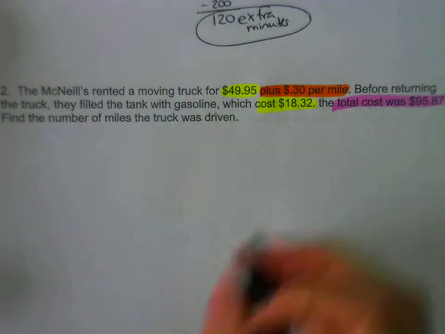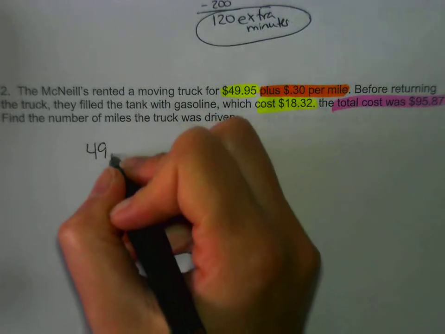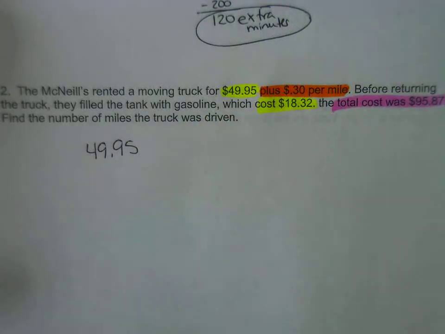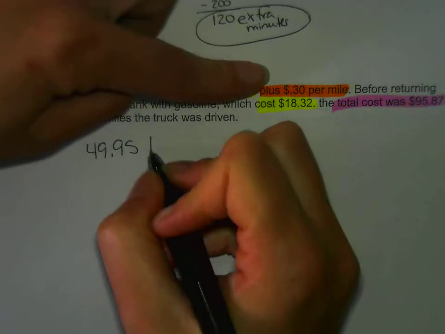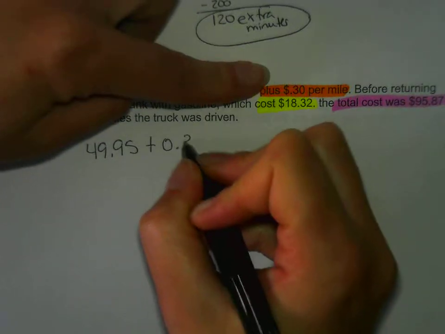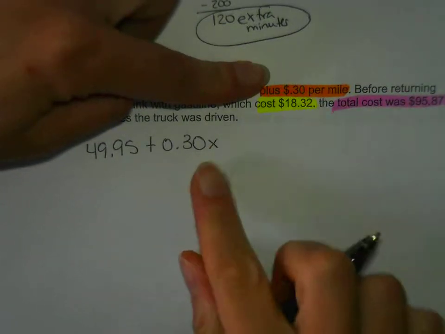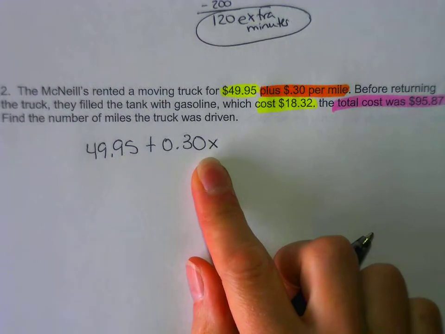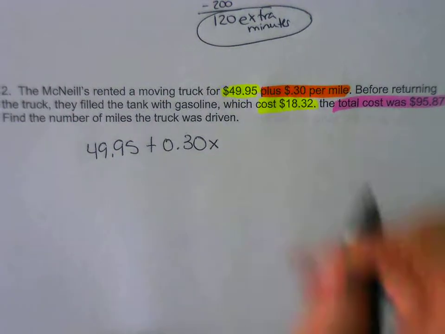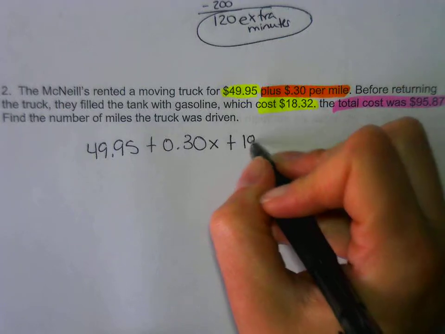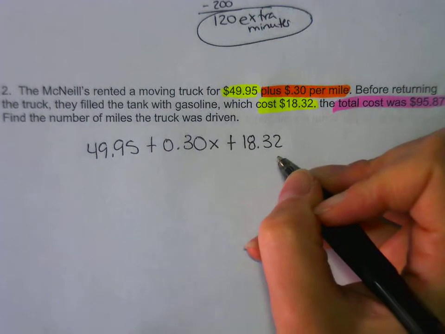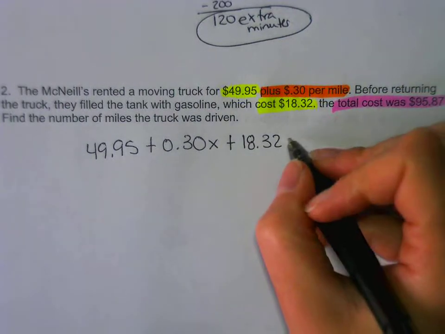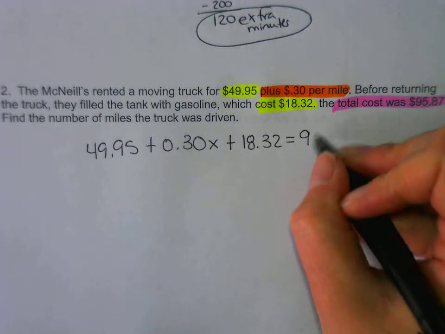They first paid $49.95 just to get the truck. Then they also had to pay 30 cents for every mile they drive. And we don't know how many miles they did drive. But they also paid $18.32 for gasoline. And then we know the total cost was $95.87.